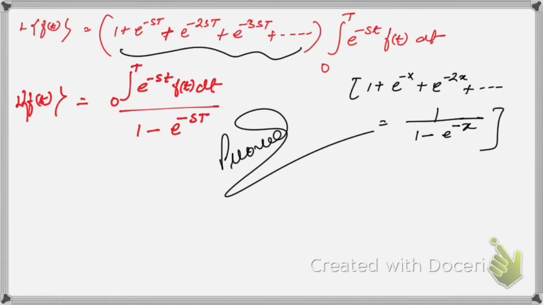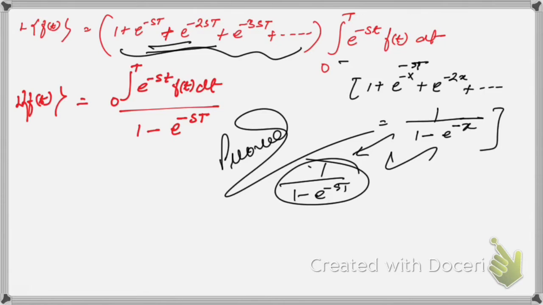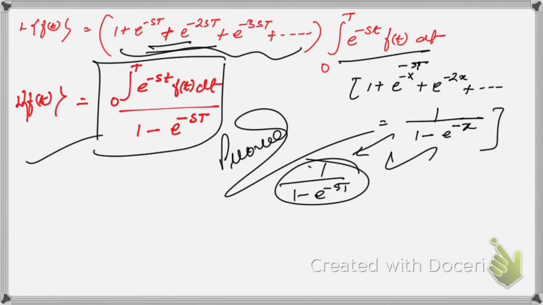What we have done is used this result here, where minus x is nothing but minus s T. So using those we have got 1 minus e to the power minus s T, and if you multiply this result with this integral, you're going to get this. So this is the required formula, and that is proved. That's how we find the Laplace transformation of a periodic function using this formula.